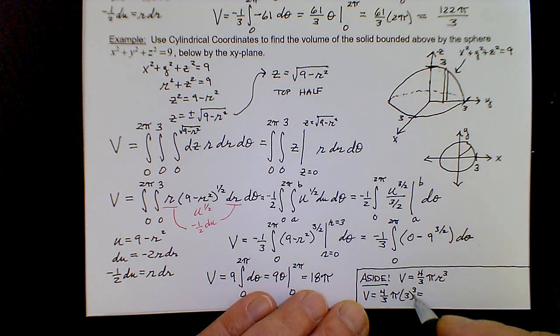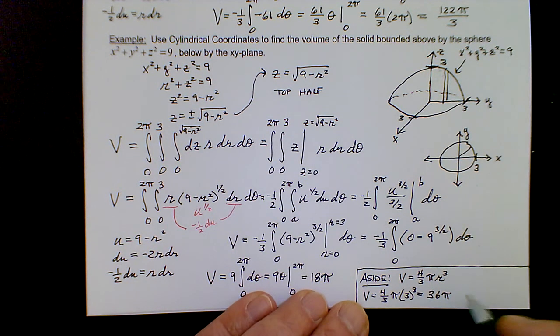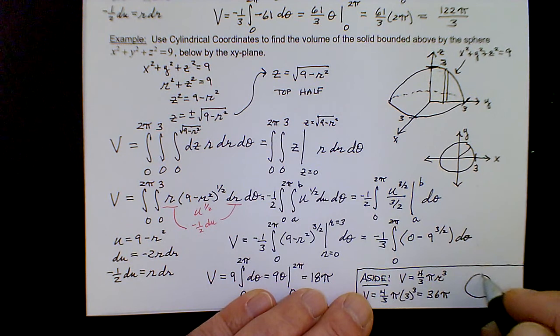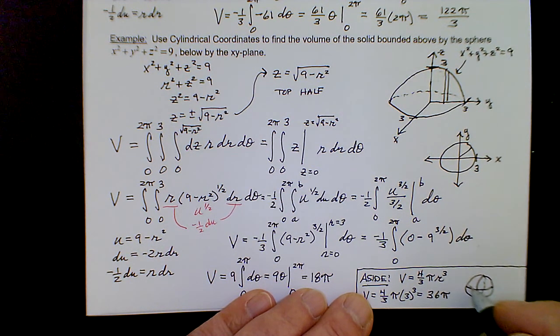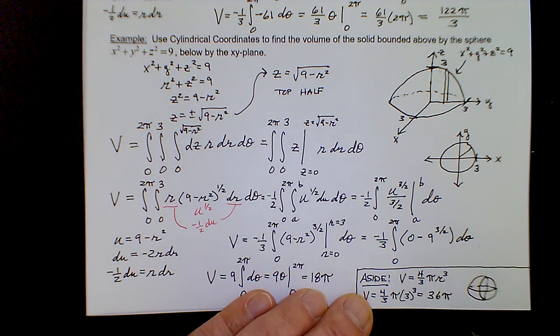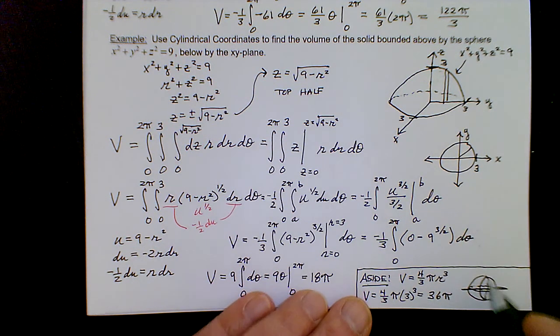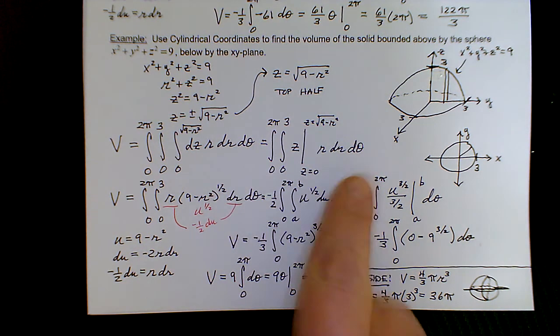So that's 27, 3 goes in 27, 9, that's 36 pi. That would be an entire sphere, right? So the entire volume of that sphere is 36 pi, but notice we only took the top half, which obviously is 18 pi.